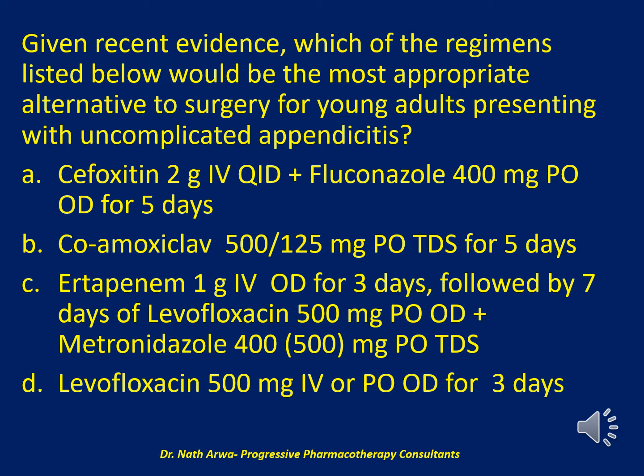Would it be A. Cefoxitin 2 grams IV 4 times daily plus fluconazole 400 mg orally once daily for 5 days, or B. Co-amoxiclav 500/125 mg orally thrice daily for 5 days, or C. Ertapenem 1 gram IV once daily for 3 days, followed by 7 days of levofloxacin 500 mg orally once daily plus metronidazole 400 mg or 500 mg orally thrice daily, or would it be D. Levofloxacin 500 mg IV or orally once daily for 3 days?